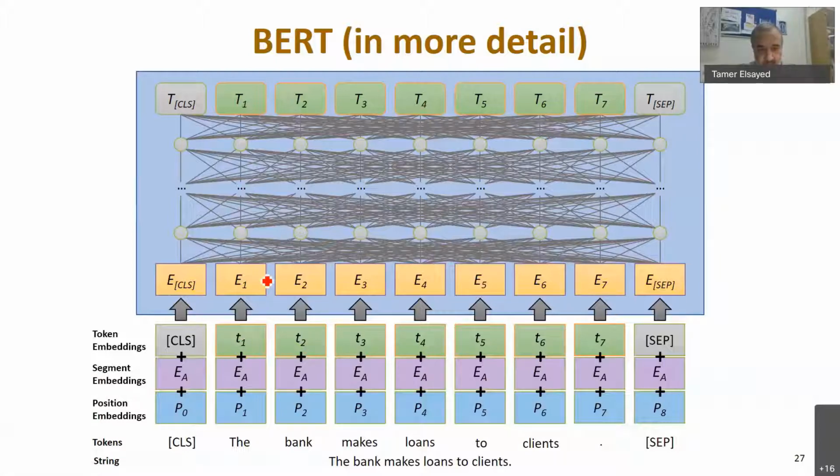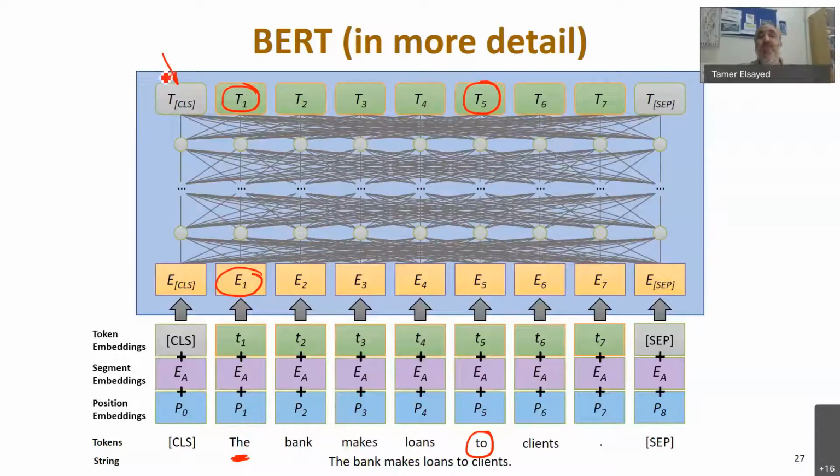So that's the input embedding for this token, and this is the output embedding for that token. That's the contextualized embedding for that word in that sentence. And this one is the contextualized embedding for this word in that sentence, and so on. This one is very special. This is the embedding for the CLS token.